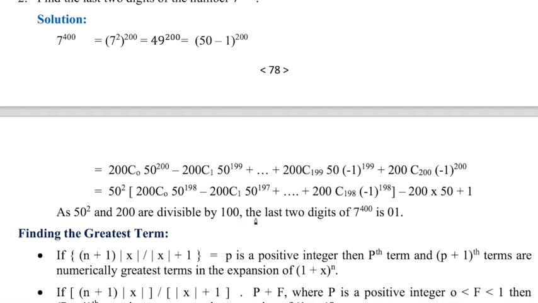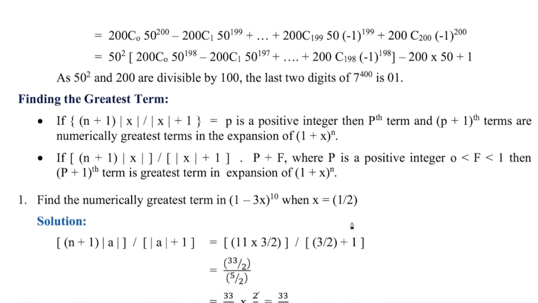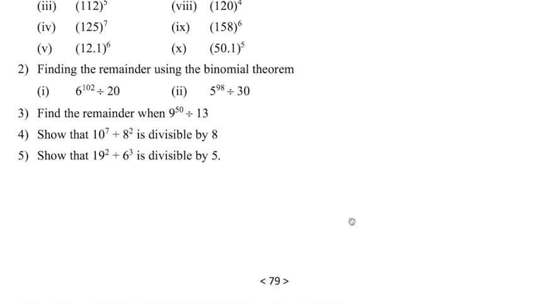So taking 50 square common, this is minus 200 C 199 is 200 into 50, and the last digit is 1. So the last digits are 0 1. Yeah, that is right. Everything else is a multiple of 100.